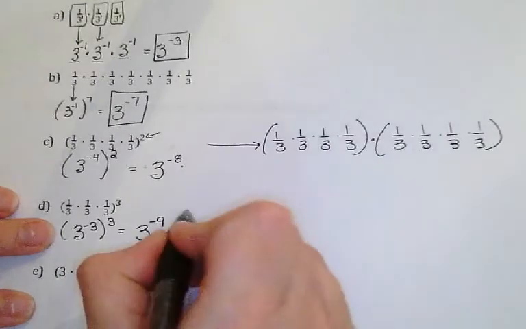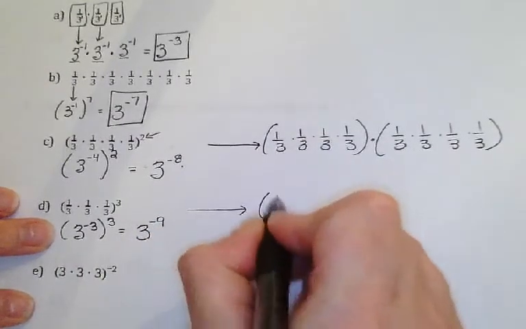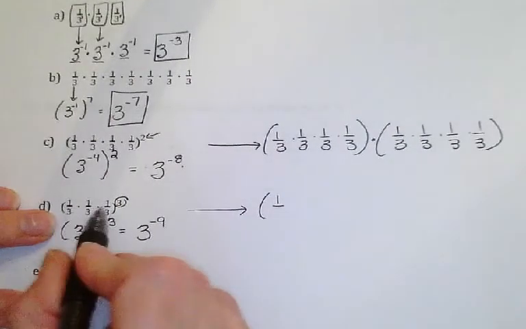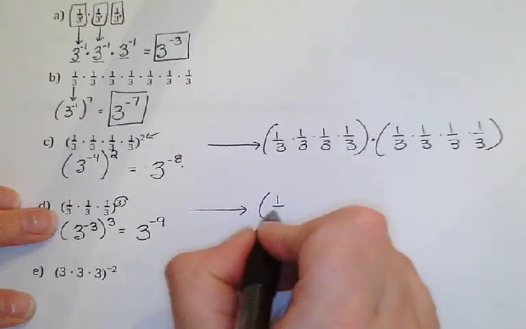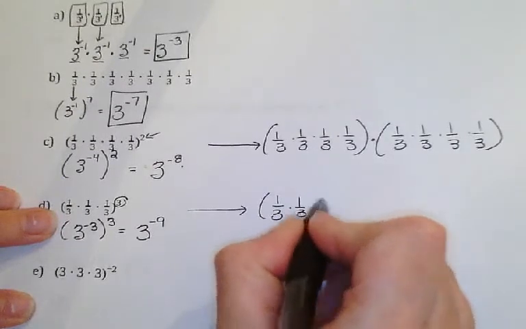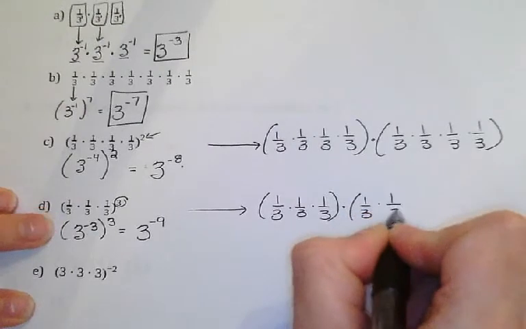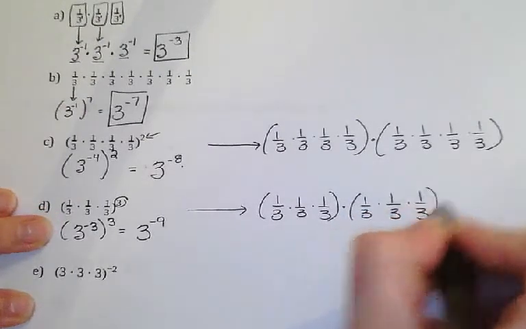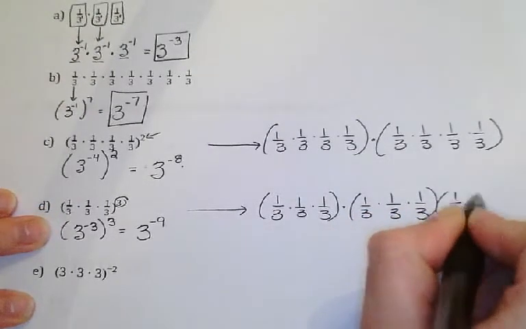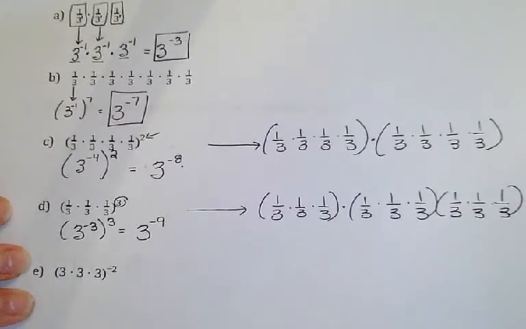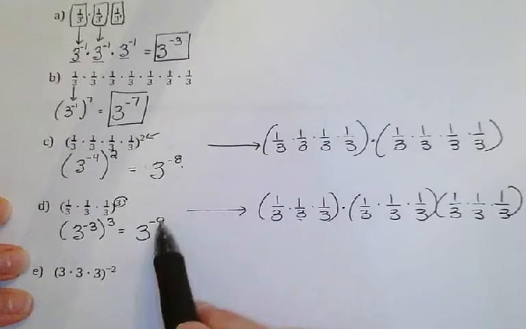Okay, and again, if you don't like it like that, take this exponent 3 and we're going to draw this inside the parentheses 3 times. 1, 2, 3. Alright, and there are 9 altogether, so it's 3 to the negative 9.